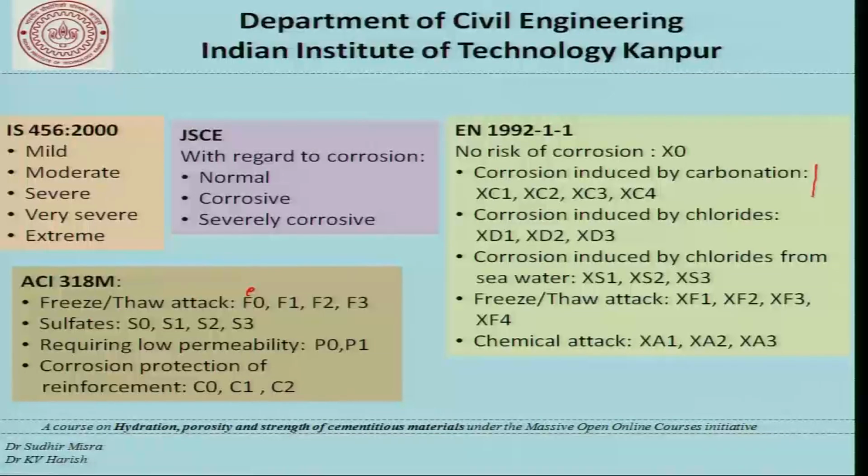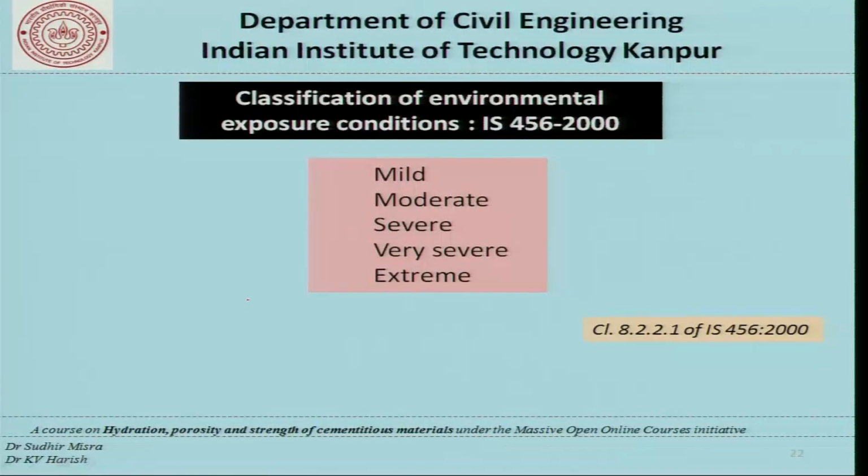So for example, if we believe that the structure is likely to be corroded on account of carbonation, or the reinforcement in the structure is likely to be susceptible to chloride induced corrosion which is not seawater, or whether there is seawater, we must choose a particular classification no matter what code we use. Of course, we need to know the description of mild, moderate and severe. We need to choose this description before we can move to design. Now let us try to look at more details of some of this classification.